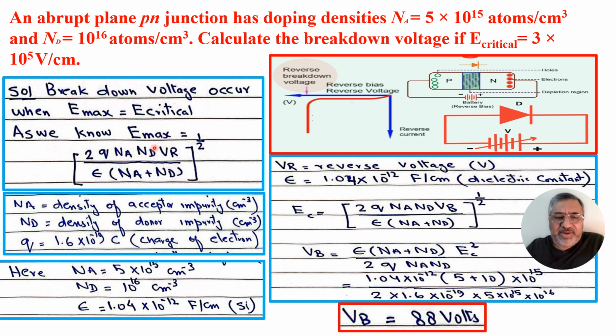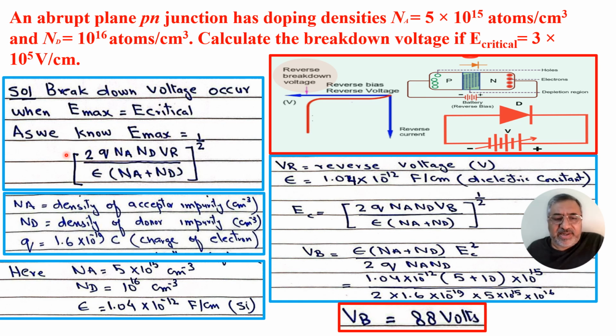In the previous slide, we already determined the equation for E maximum, which is equal to the square root of 2q Na Nd Vr divided by epsilon (Na plus Nd), where q is the charge of the electron, Na is the acceptor doping density, Nd is the donor doping density, Vr is the reverse voltage, and epsilon is the dielectric constant.